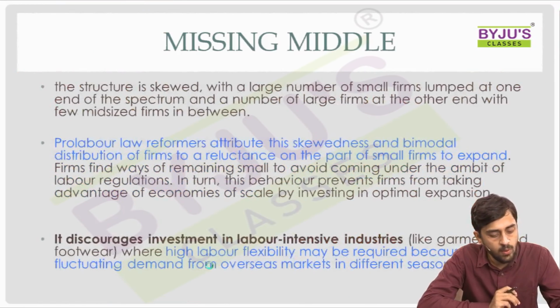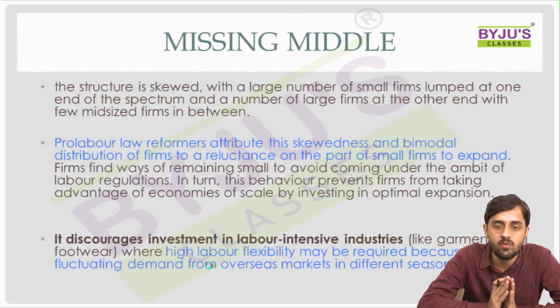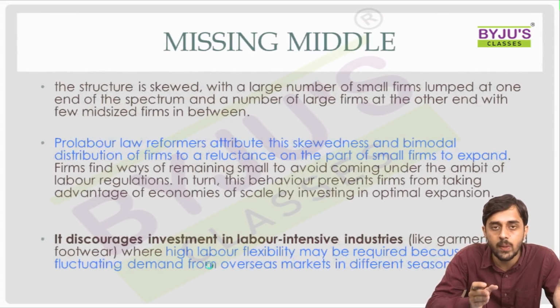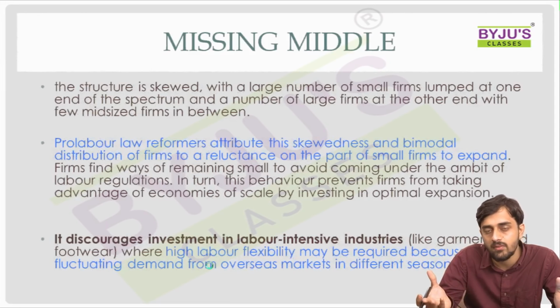So how are labor laws responsible for this bimodal distribution, where workers are employed in smaller industries, where the number of workers per unit is often less than 10 or 20 per industrial establishment, and on the other hand there are major manufacturing industries like car and automobile manufacturing industries and electronic manufacturing industries, which employ hundreds of workers.